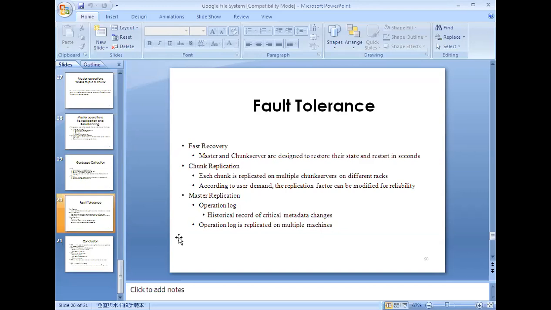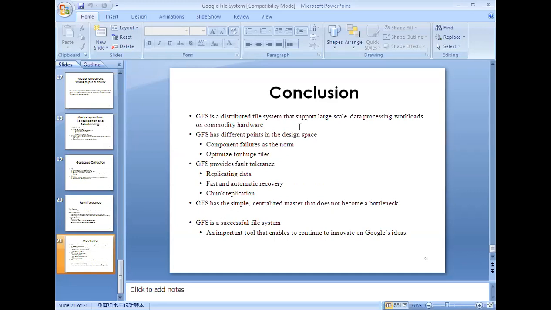The operation log is also replicated on multiple machines, because if the master fails, we are supposed to restore the previous data. For that purpose we keep the operation log, and it is replicated at multiple machines.